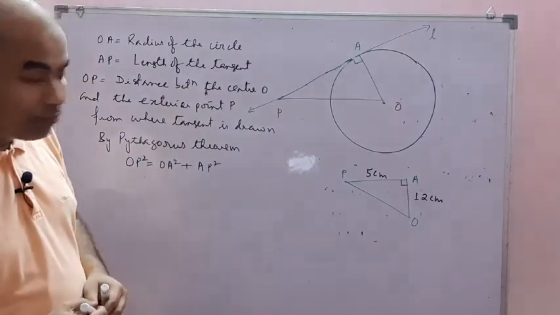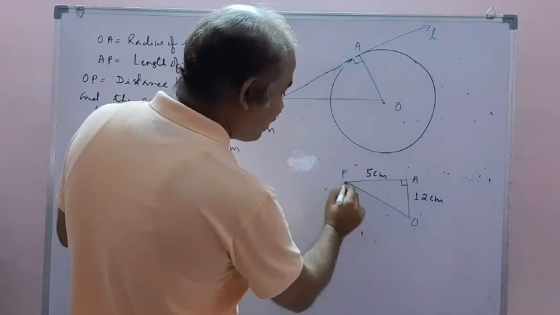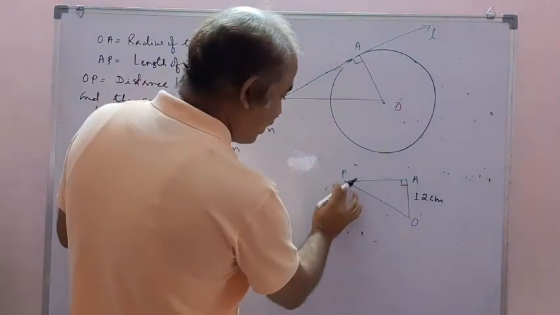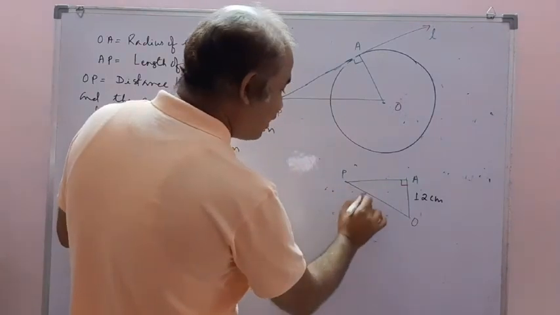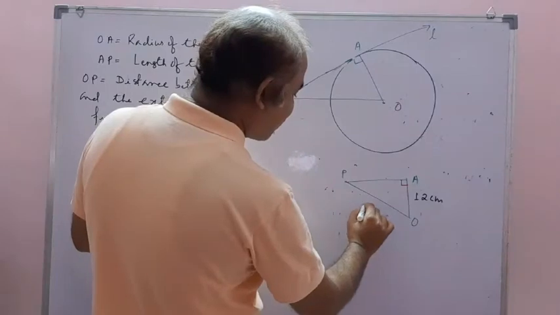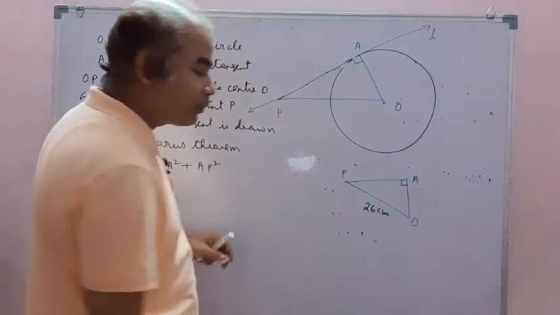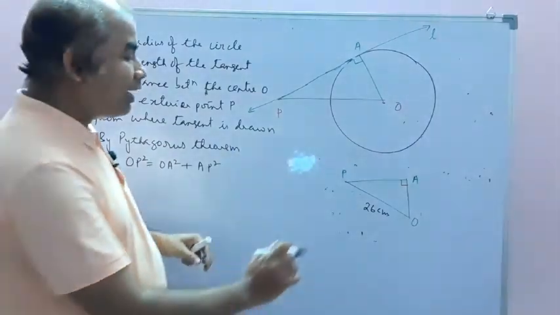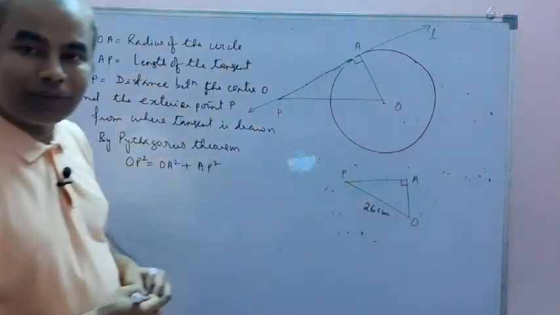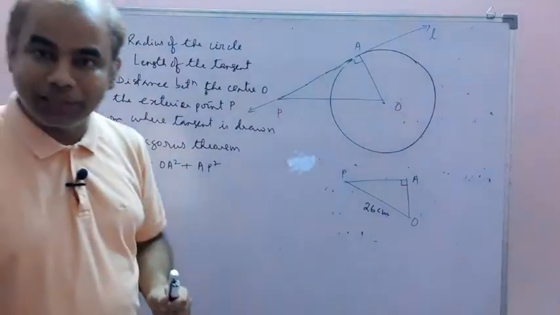Or suppose there is a question like this: the distance of the point P from the center is given as 26 centimeter, and the length of the tangent is given, suppose 25 centimeter. What is the radius of the circle? That type of numerical problems you can solve from this.